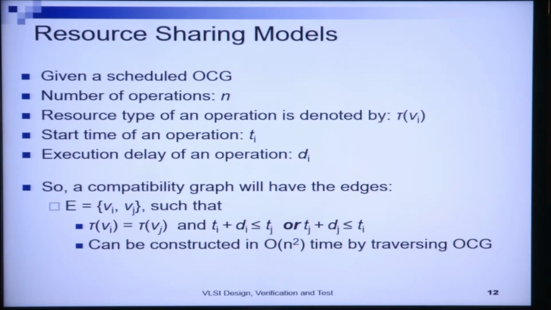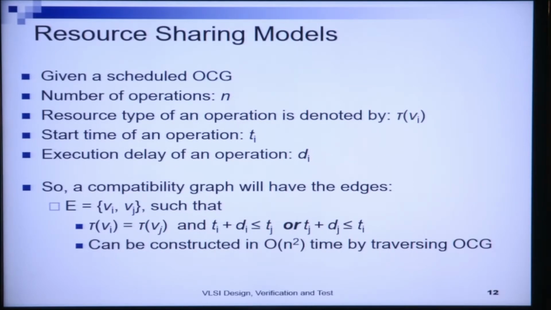The second constraint tells me that if Tj is scheduled later than Ti, then Tj must be scheduled at least Di time steps later than Ti starts. So, Tj's start time must be at least Di time steps after Ti. Why is this so?